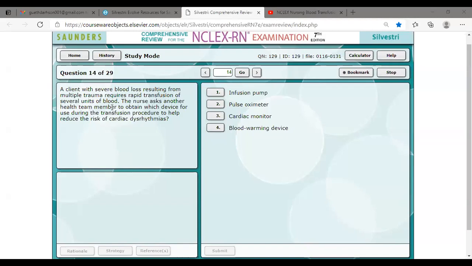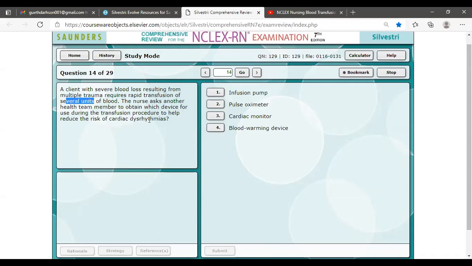They need rapid blood transfusion, also several units. The nurse asks another health team member to obtain which device for use during the transfusion procedure to help reduce the risk of cardiac arrhythmia.